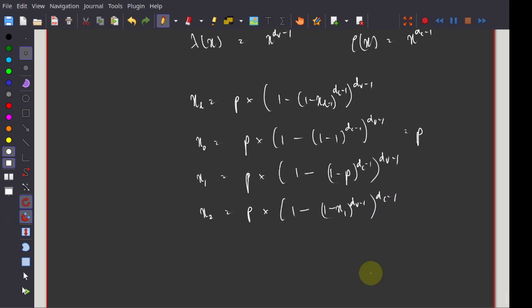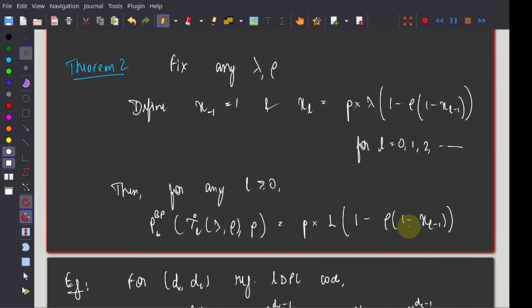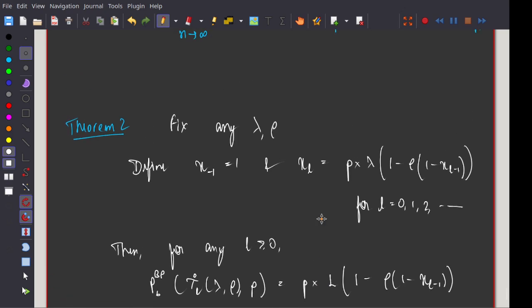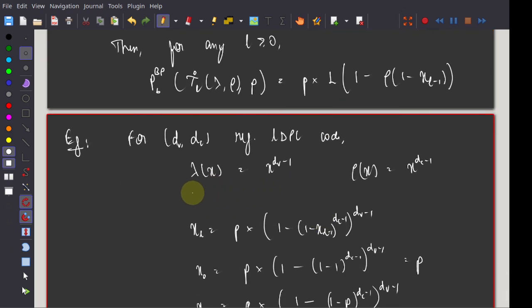Now, if you want to compute the final performance for L iterations, then XL is basically going to be equal to p times (1 minus (1 minus X(L minus 1)) raised to dc minus 1) whole raised to dv, right? Because at the last step, you take L, not lambda. For this case, this is lambda of x, but L of x is x raised to dv.